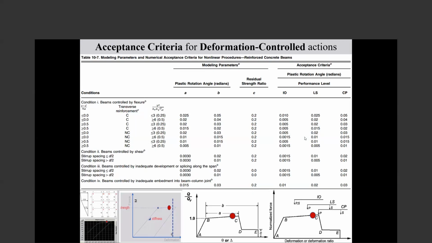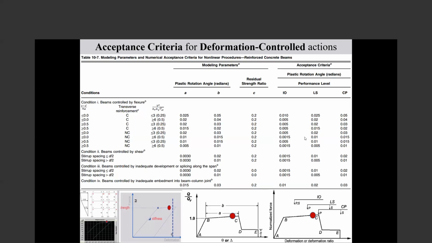The horizontal axis is the curvature, the vertical axis is the moment, and the curve will develop that.